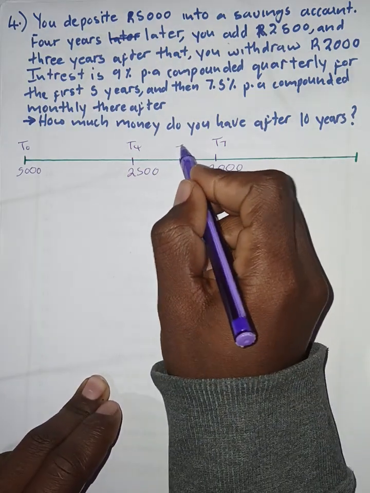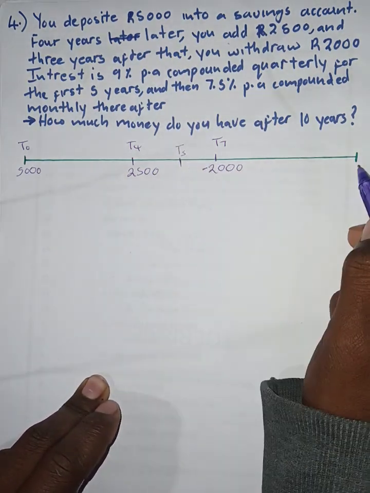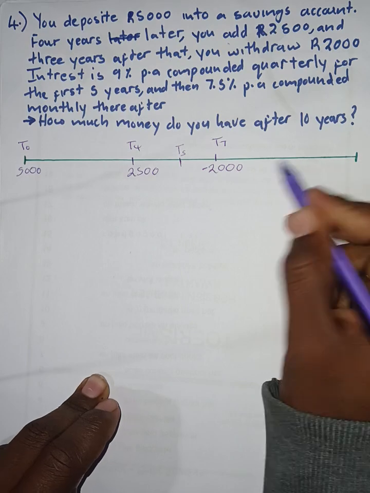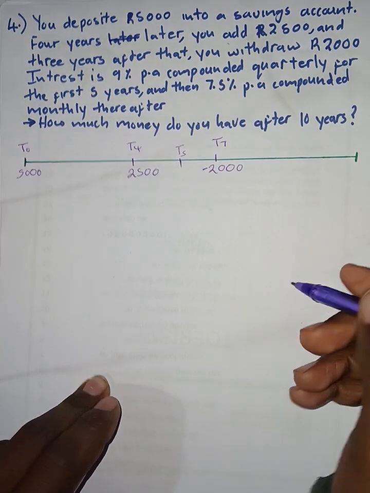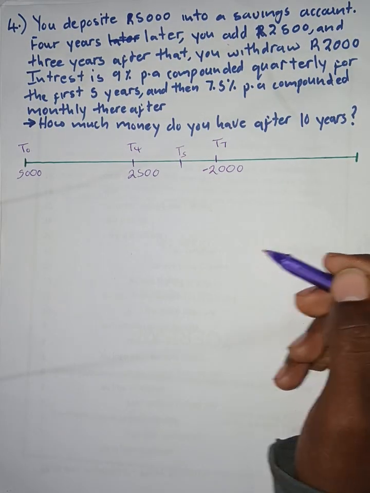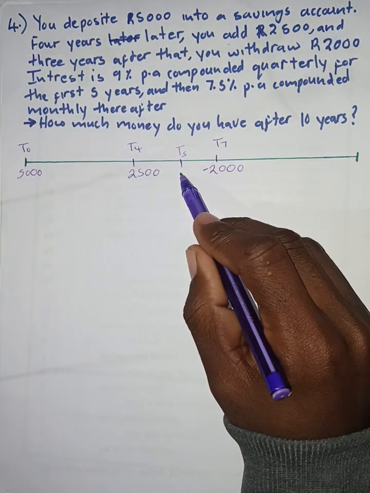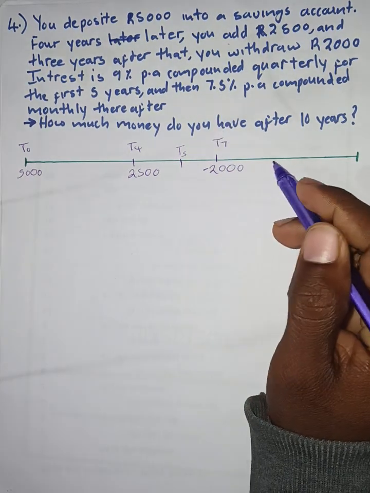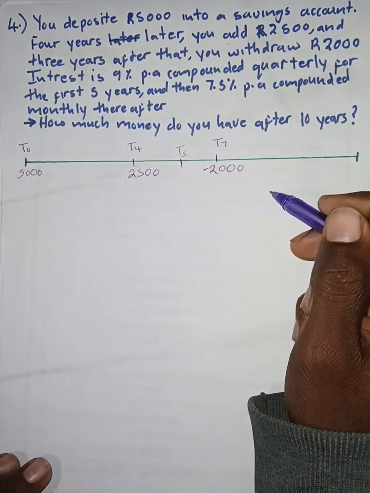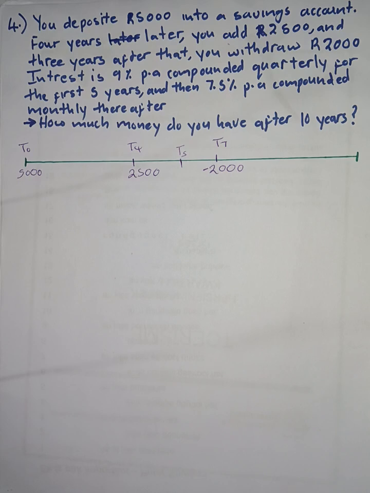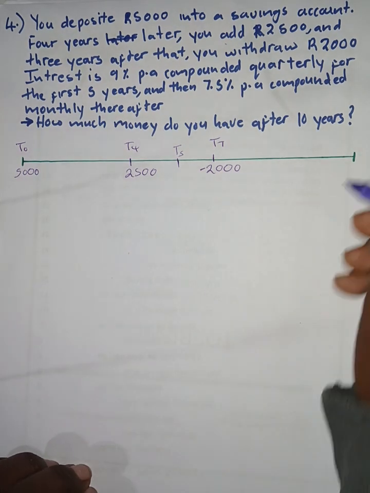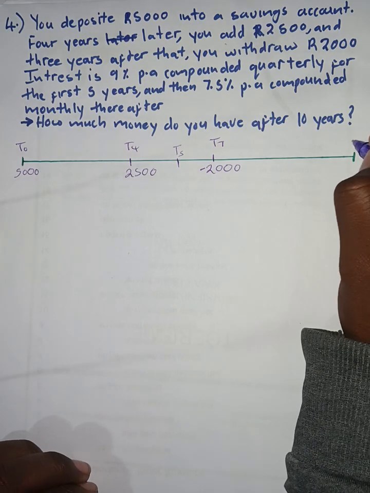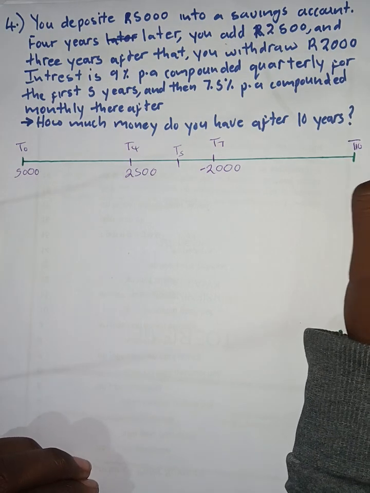So from T5 up to T10, or whatever time they would ask us to calculate. They say that would be 7.5% per annum compounded monthly thereafter, and they ask how much money do you have after 10 years. Now what we are really interested in would be T10 right there.